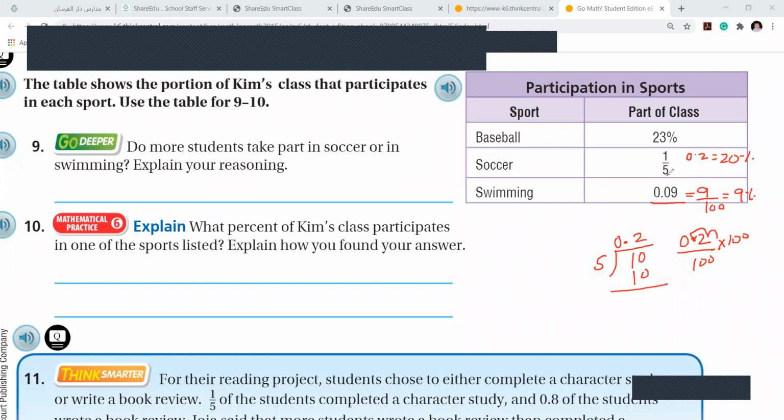Of course, soccer is more, girls. It's not 0.20%. Of course, 9% is less than 20%. That's why soccer is more.